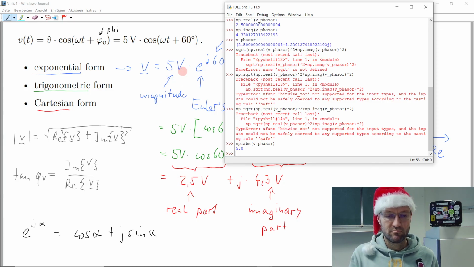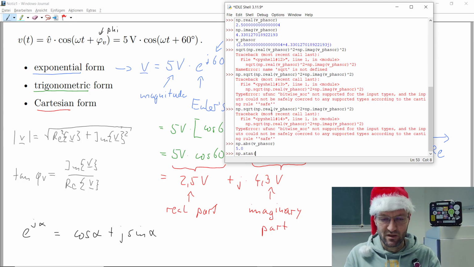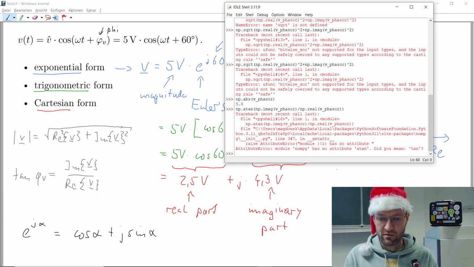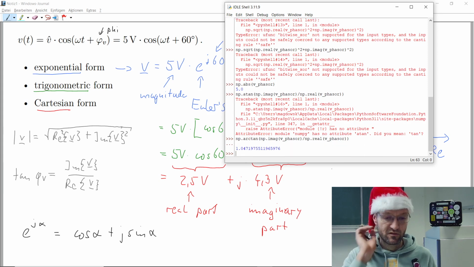And how do we get back our phase? We could do it with the arctan or arctangent. Probably I also need to use np. I'm not sure if this will work because I don't know why the other thing did not work before. So take the imaginary part, divide by the real part, and then take the arctangent, and this says there is no atan function, so maybe it's called like this, and this works.